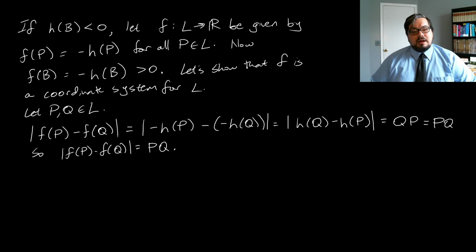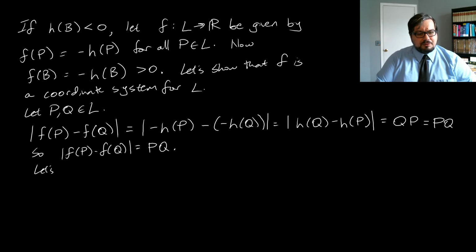So now we need to show that f is a bijection. Now we can prove this directly, and let's go ahead and do that, but then I'll also talk about how there's a potentially more clever way of doing it that just requires a slightly different perspective on things.